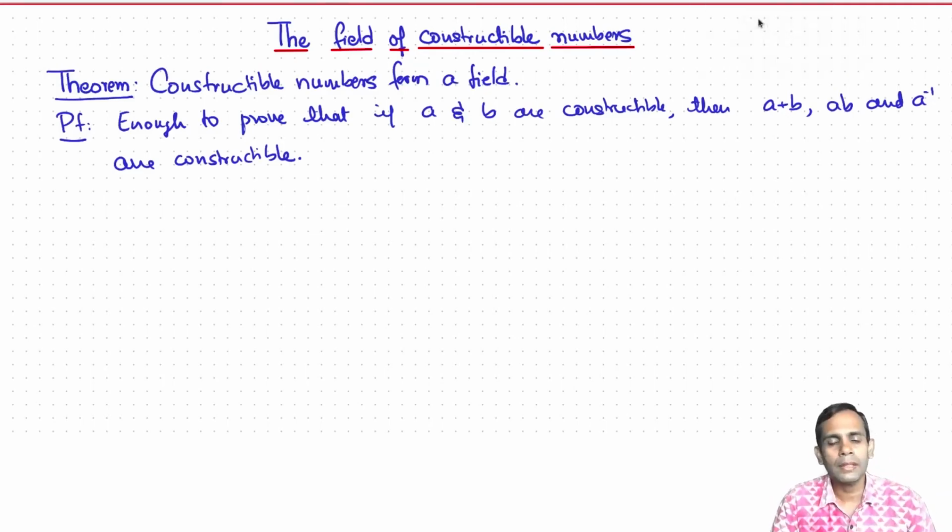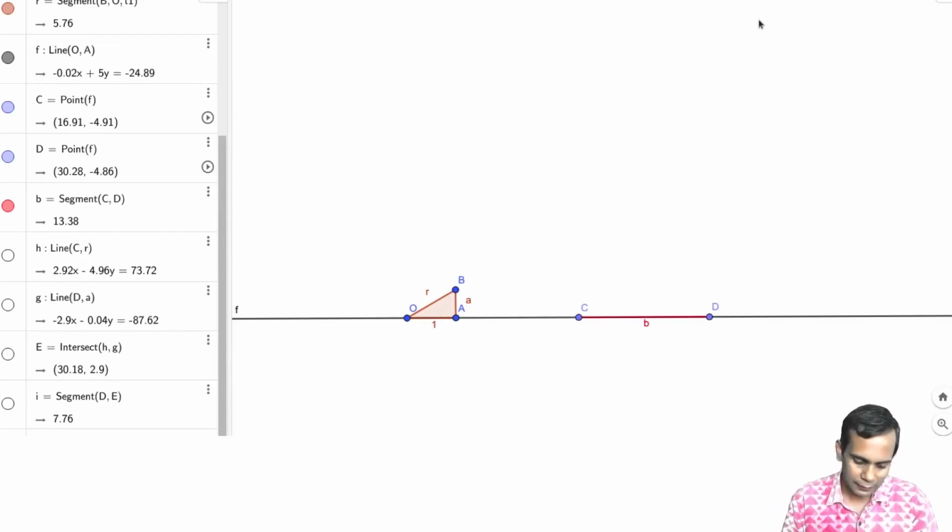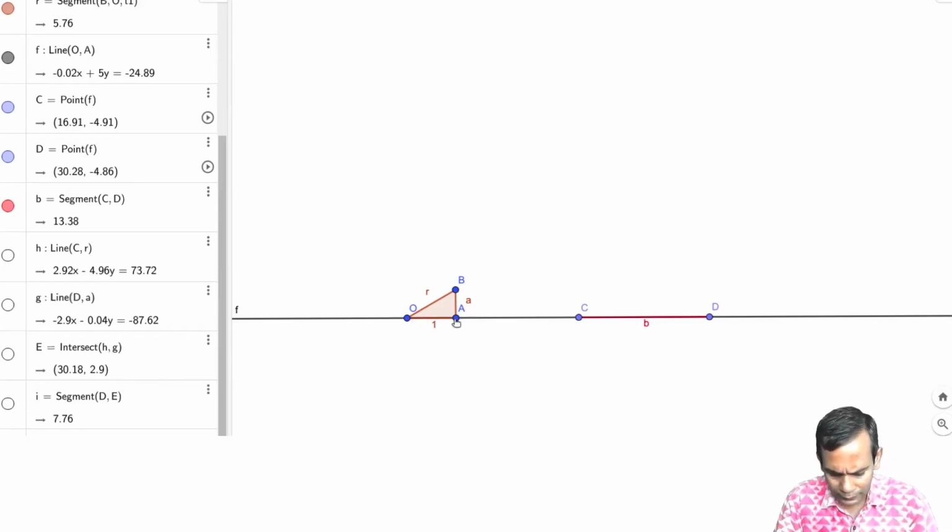So now let's assume I'm given two lengths A and B. What I'm going to do at first is construct a right angle triangle like you see here on the left hand side with base 1, and that base could be the original given points O and A. I'm going to erect a perpendicular at capital A, of height little a.